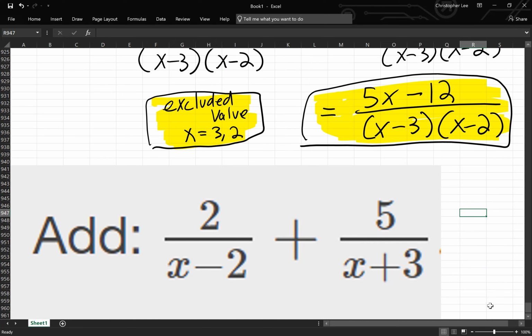To find a common denominator, all you have to do is take the two denominators and multiply them together, and that's it. If you use this method though, in the end, you're gonna have to reduce the fraction that you get. It's the same thing with the numbers. If you find a common denominator, you're gonna have to reduce the final answer. Same thing here.